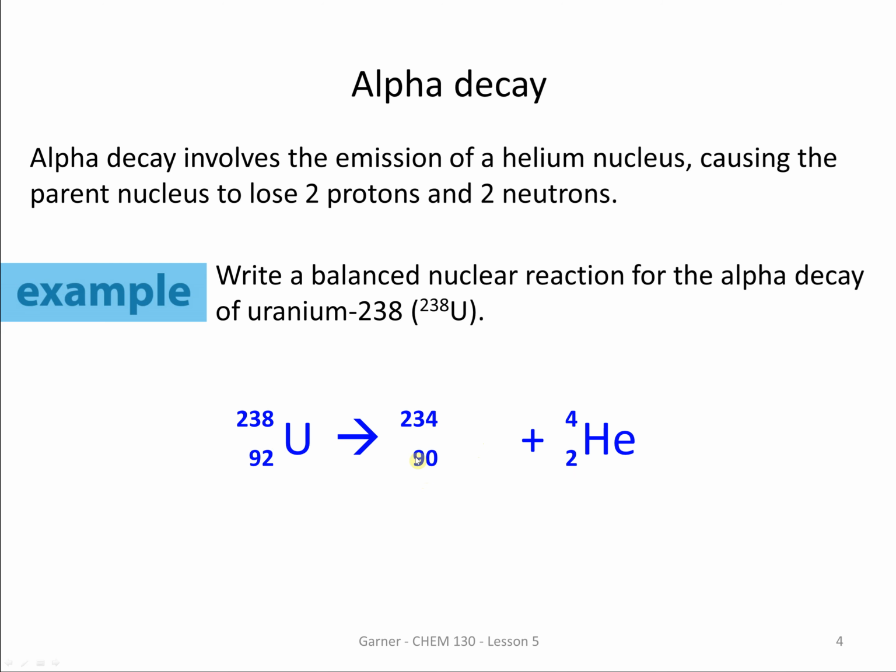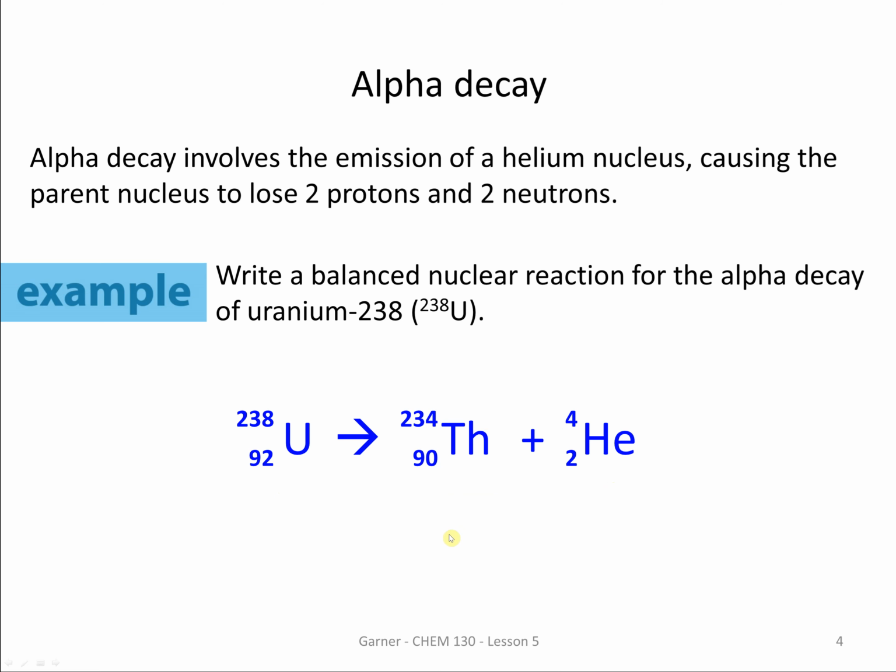So I would take the atomic number that I just found to be 90 and look at the periodic table to find the element that corresponds to it. I should see that thorium, with the symbol Th, corresponds to number 90 on the periodic table. So that's the symbol I'm going to write in for my daughter nucleus here. The decay of uranium-238 via alpha decay results in thorium-234 as a product, as well as that alpha particle.